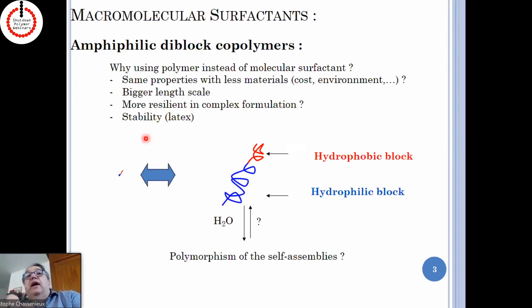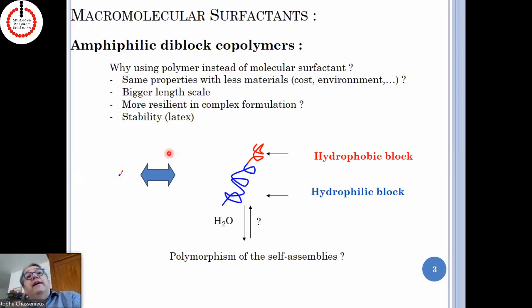You can have exactly the same properties as a surfactant, but at a much bigger length scale. And if you have a complex formulation, since you have macromolecular blocks instead of small molecules, there will be much more resilience when you formulate them for a given application.